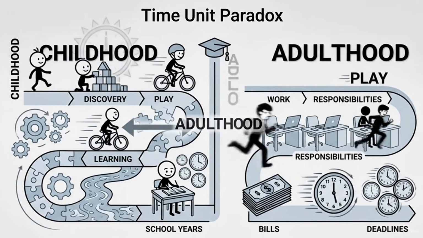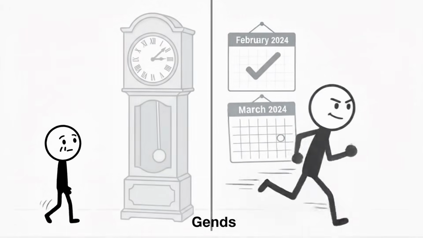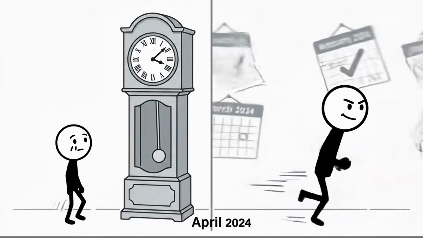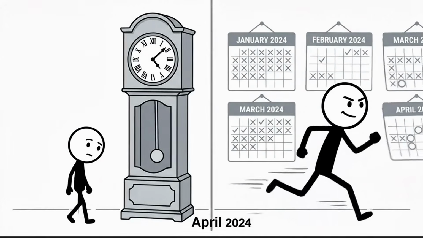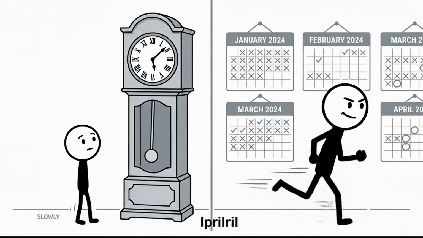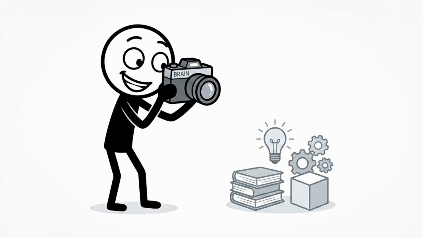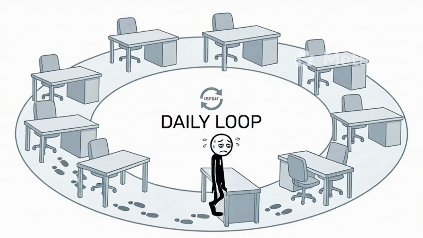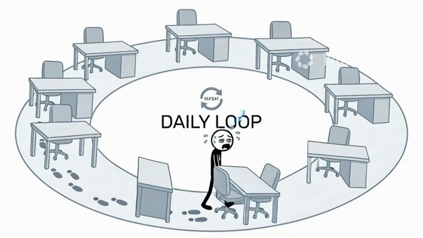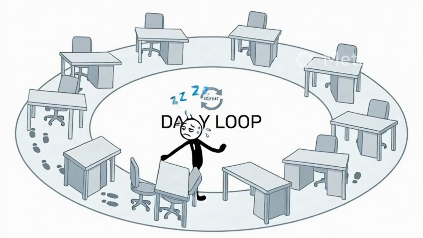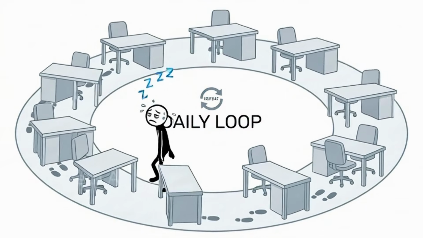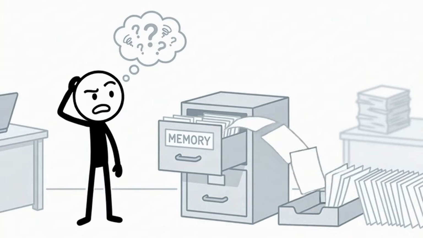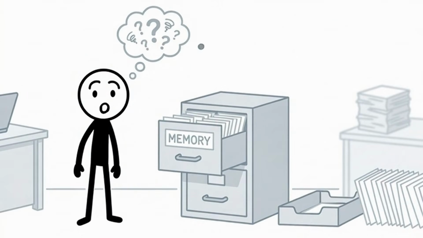The psychological phenomenon where time feels endless as a child because everything is a new experience, but as an adult, years fly by like months. This happens because your brain measures time by recording new experiences. When you fall into a repetitive routine of the same desk, the same commute, and the same tasks, your brain literally skips recording those moments. It's like your mind is hitting the delete key on your life in real time.